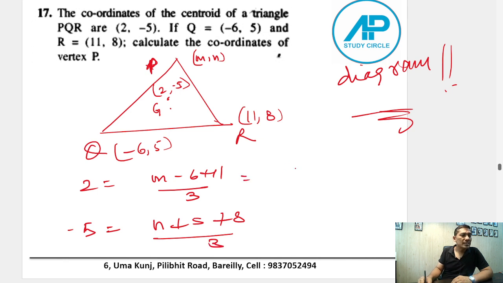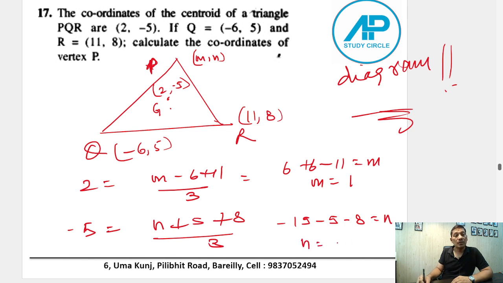This gives 6 plus 6 minus 11 equals m, so m equals 1. And minus 15 minus 5 minus 8 equals n, so n equals minus 28 by 3. So the coordinates of point P are (1, -28/3).